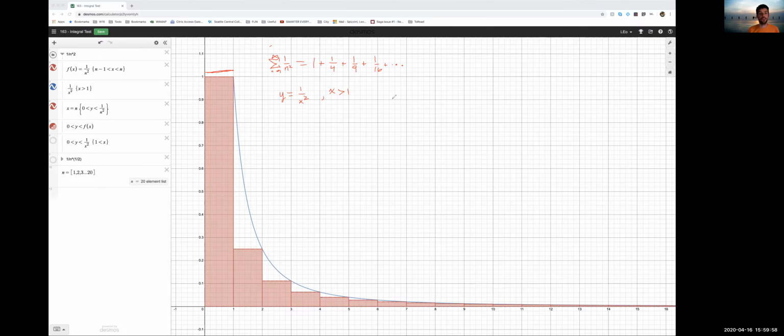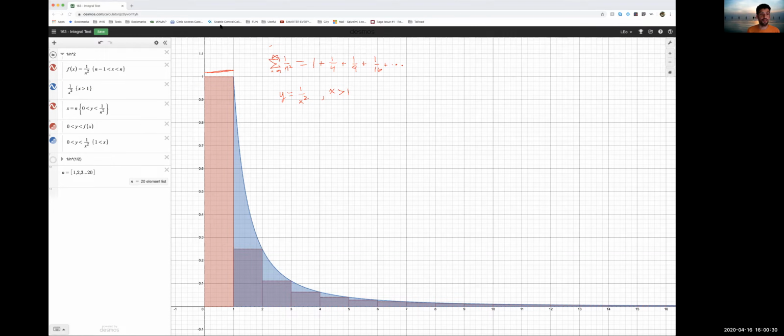What we might notice is that the area under this graph from 1 to infinity is more than the area of all these rectangles except for this first one. I'm leaving the first one outside, but if I look at the rest of these rectangles, they're below the area under this curve.